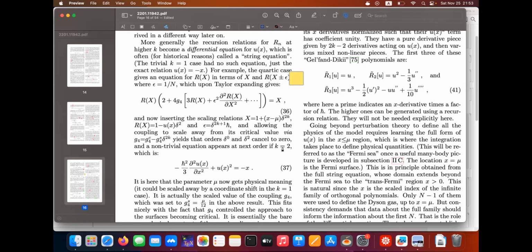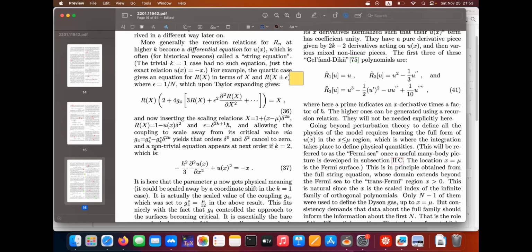Then we take k equal to. We require that the zeroth order and the second order in delta cancel to 0, so we can fix g4.